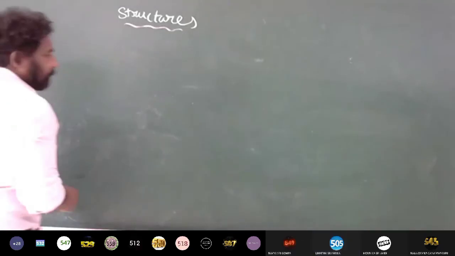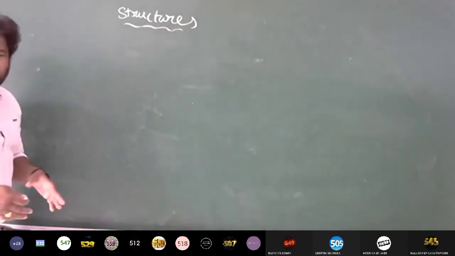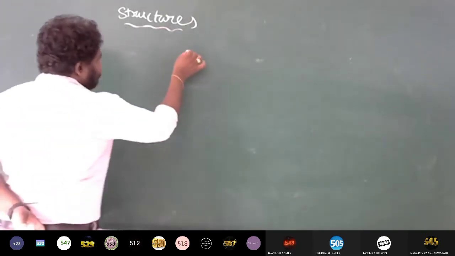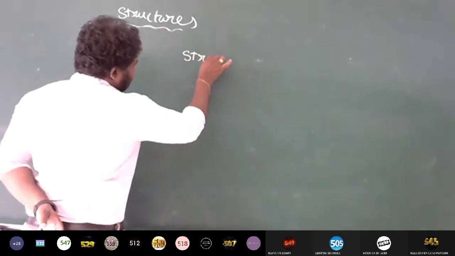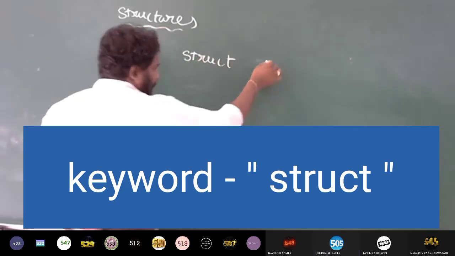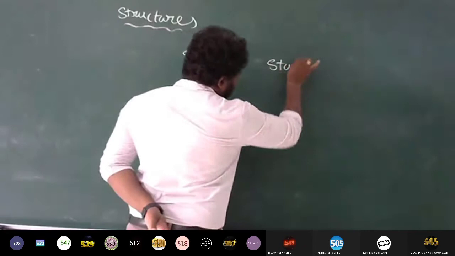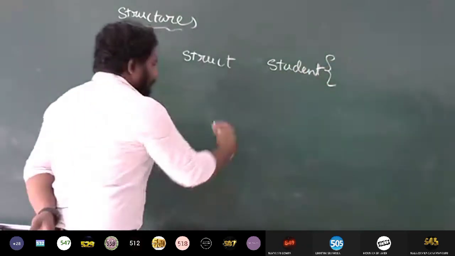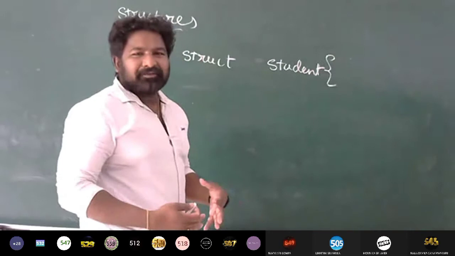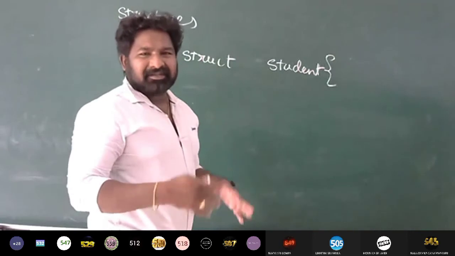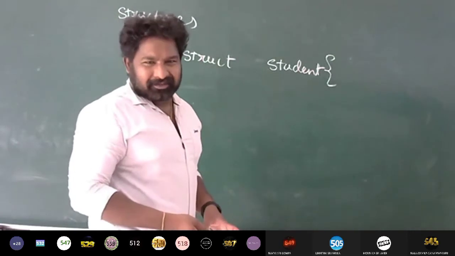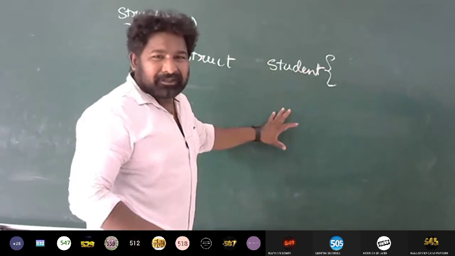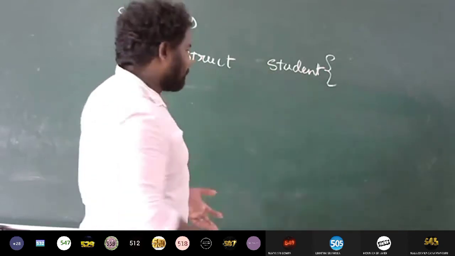So if I want to create a structure of a student, how can I do that? For structure, we use the keyword called struct. I can give a name called student. This is the name of the structure. In this, I can create some fields, members, or attributes, whatever you call them. So I can call them members of the structure, fields of the structure, or attributes of the structure.